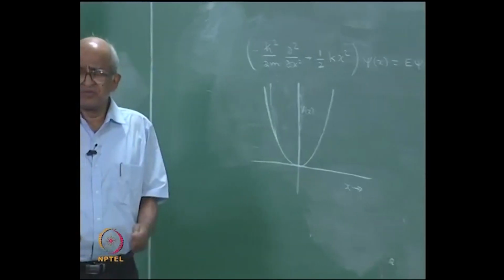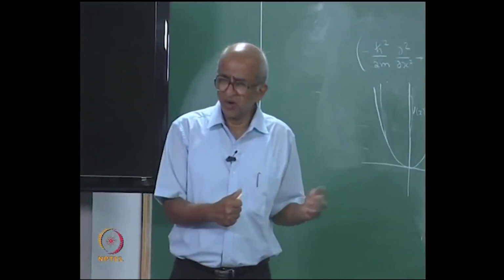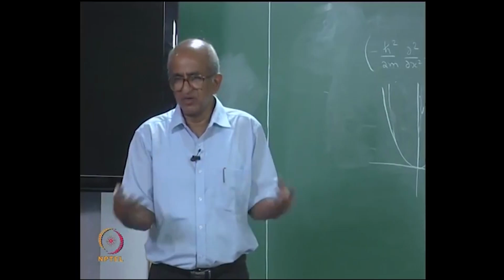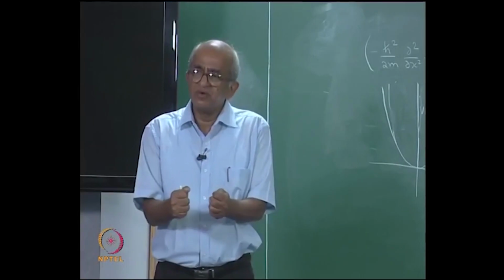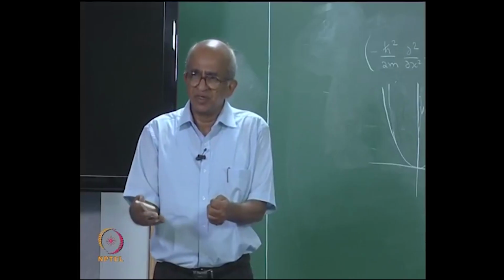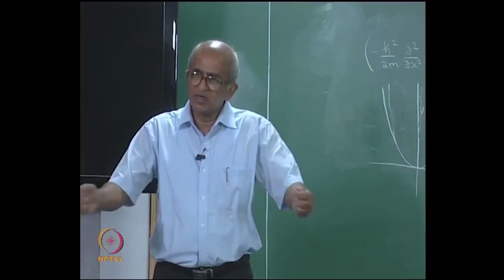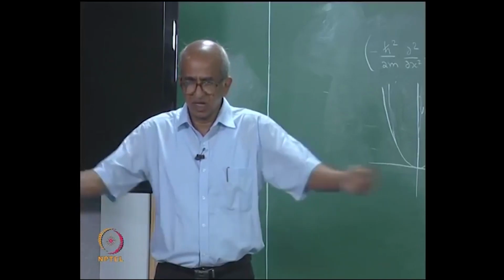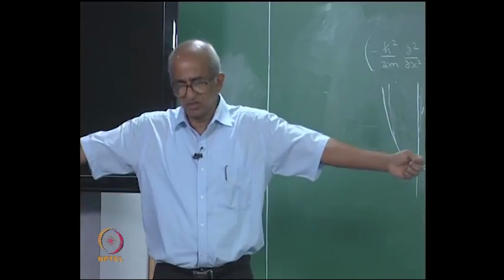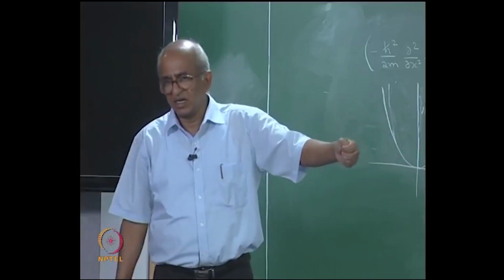Actually, strictly if you think about it, this model is not a very good description. The reason is that, see, even if you supply a large amount of energy, the distance will only increase, right. The amplitude of vibrations will increase and it will vibrate with a larger and larger amplitude.